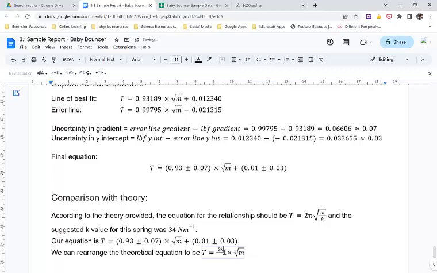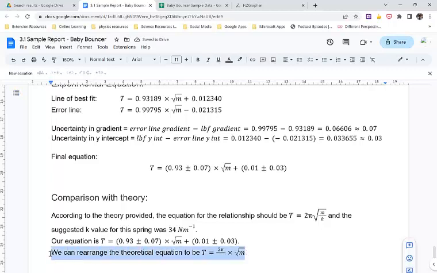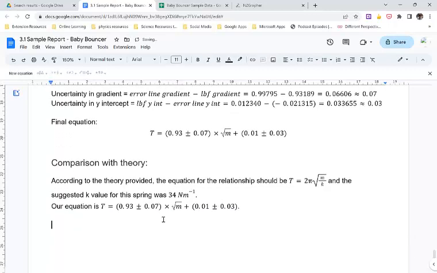Actually, I'm going to do this in a way that hopefully will make a little bit more sense. You can see here that T equals 2 pi square root m over k. It looks a little bit like this, and we have T is equal to something times root m. We know that k is a constant and pi is a constant, and so T is equal to some constant times the square root of m divided by the square root of some constant.